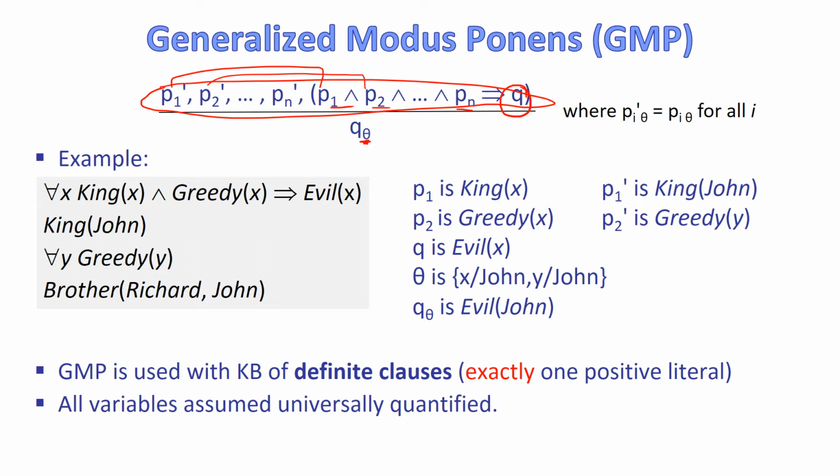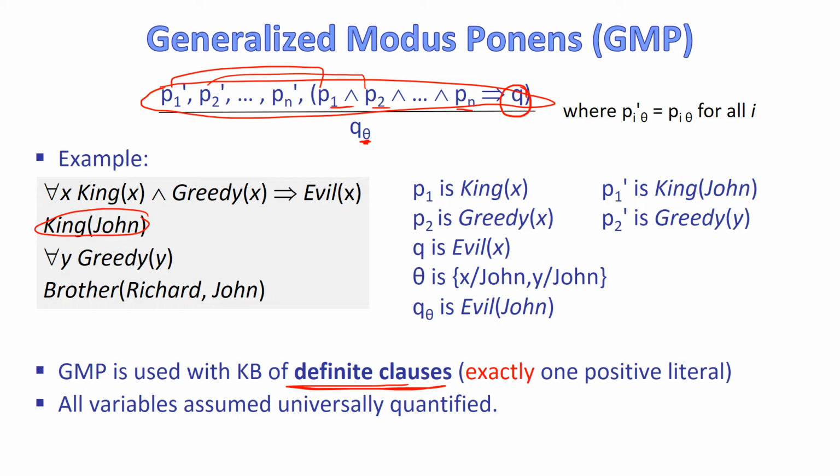So that's the generalized modus ponens, and there are two conditions to do that for a knowledge base. To use forward chaining with generalized modus ponens, all the clauses have to be definite, which means they are all implications like that with positive premises, or simple statements like this one.